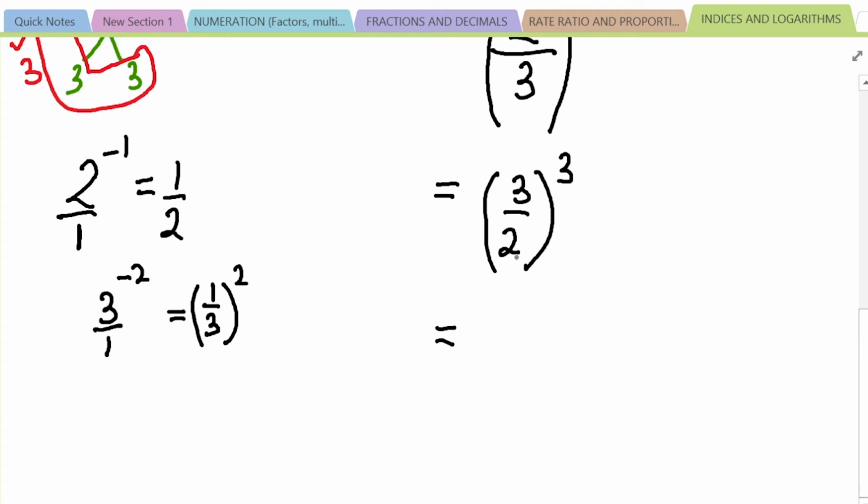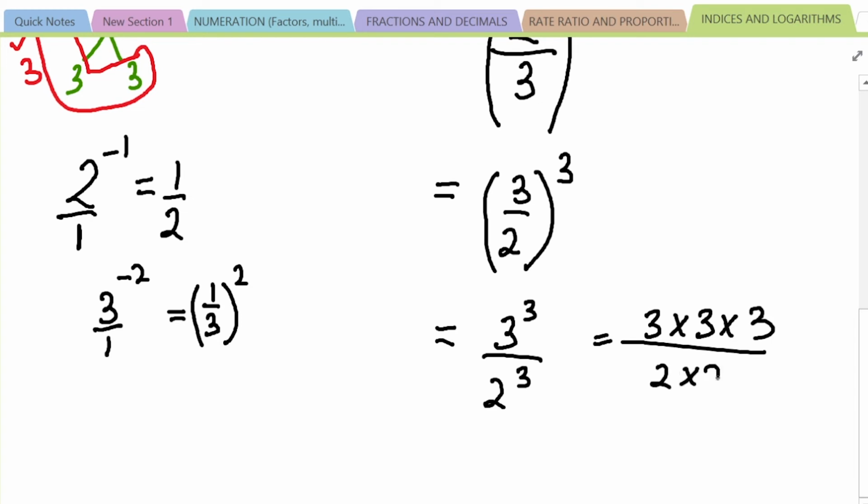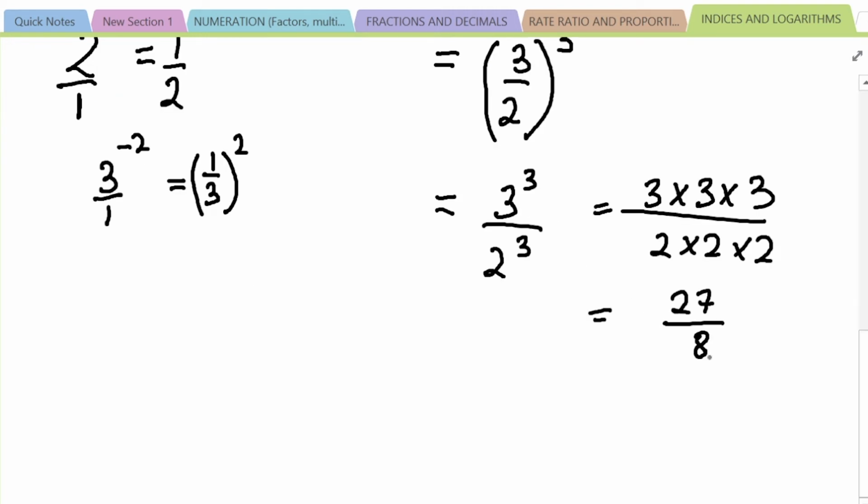So this is going to be equal to 3 to the power 3 divided by 2 to the power 3, and this is 3 times 3 times 3, divided by 2 times 2 times 2, and our answer shall be 27 over 8. And that's the answer.